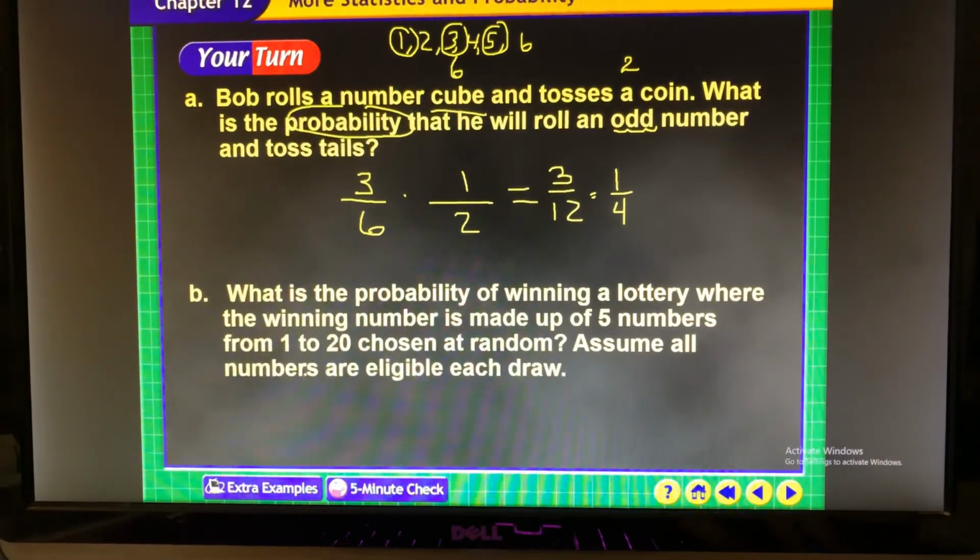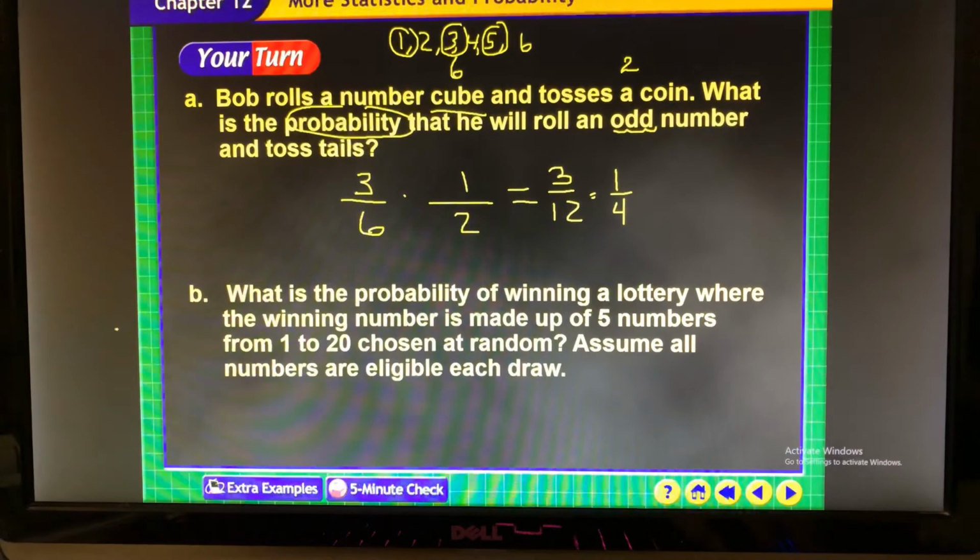What's the probability of winning a lottery where the winning number is made up of 5 numbers from 1 to 20? We'll try and do this one, so pause the tape, try to do it, and then turn it back on and make sure you did it right. You get to do 5 things from 1 to 20.